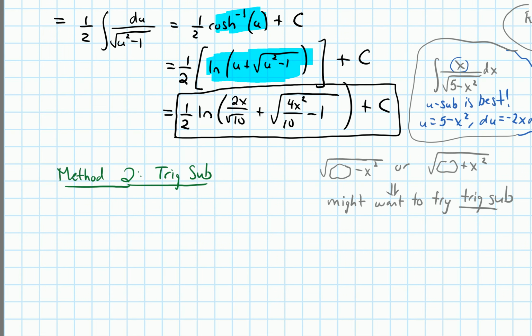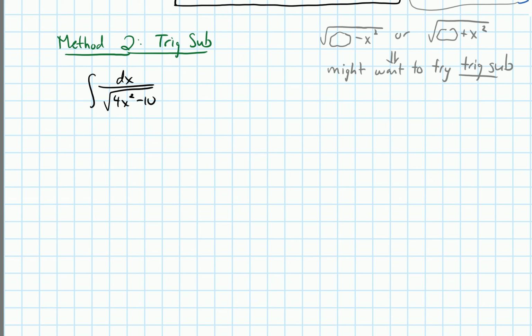Okay, so how do we do this using trig sub? So remember, we have the integral dx, I'm just going to recopy it, square root of 4x squared minus 10. All right, so when we do trig sub, what I first want to do is draw a right triangle. And I want to make one of these other acute angles theta. And it doesn't really matter which one, so I'll make that one on the left.